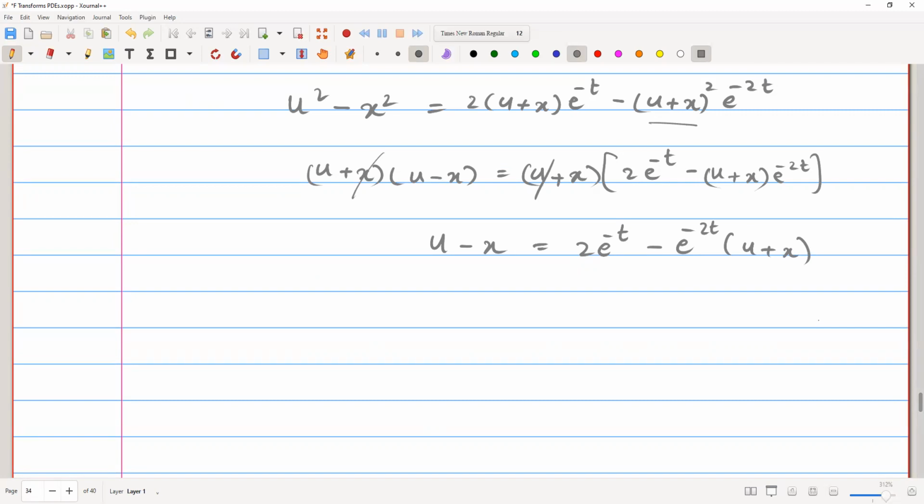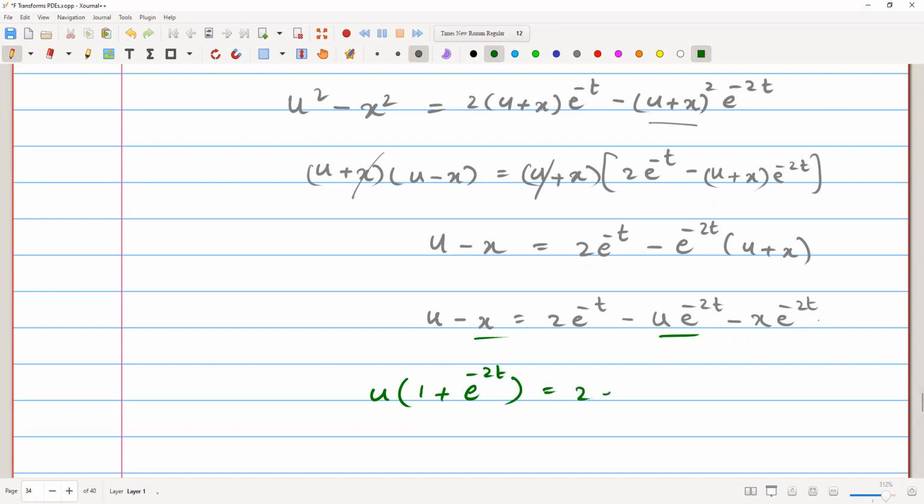Okay. Now we can write u minus x equals 2 e to the power negative t minus u times e to the power negative 2t minus x e to the power negative 2t. And this component here we can move to the left side with the u. So u common, 1 plus e to the power negative 2t, and move this x to the right side.